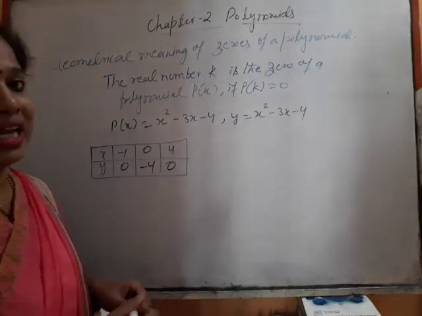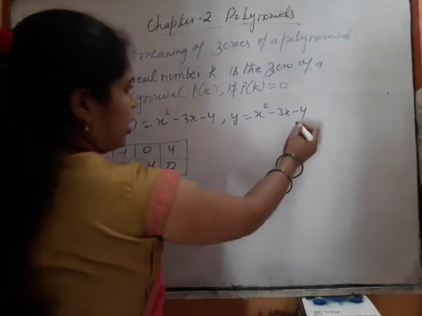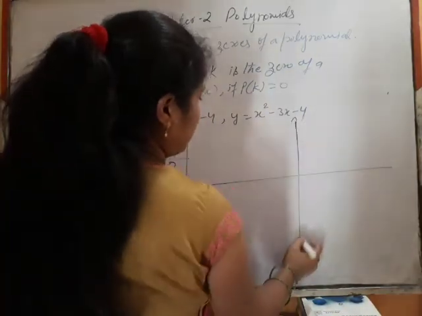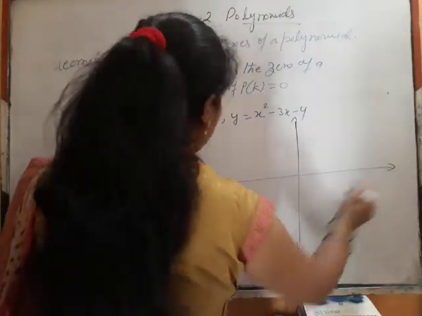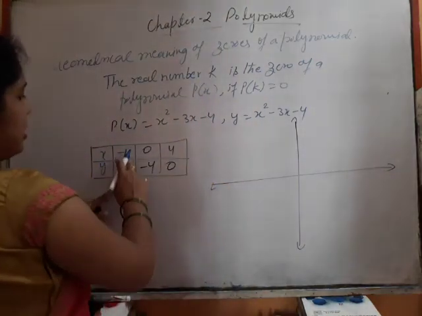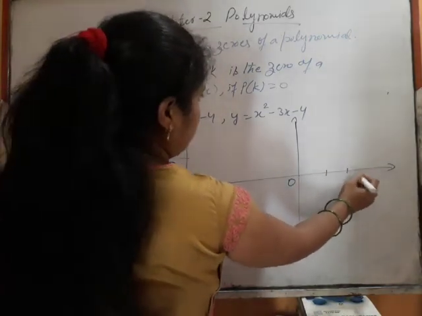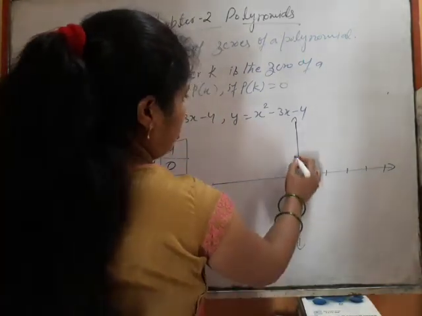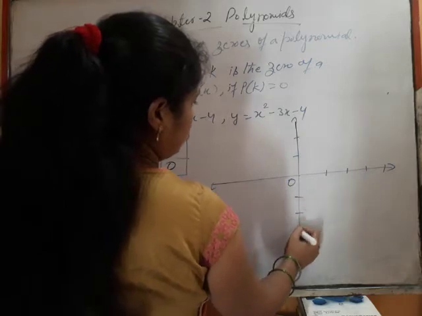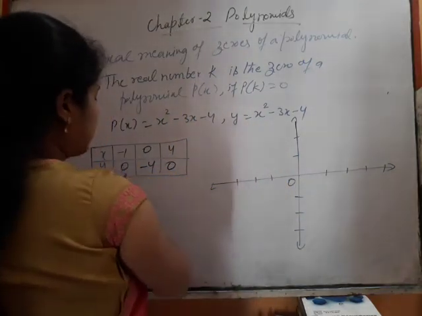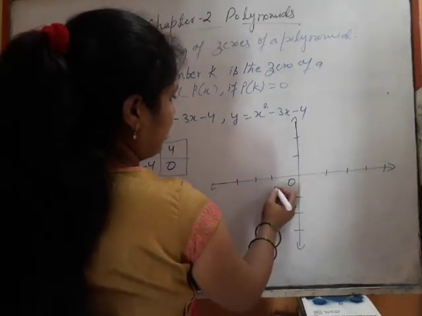How to get it geometrically? If I plot the graph: minus 1, 0. This is 0. Minus 1 on the x axis and 0 on the y axis.